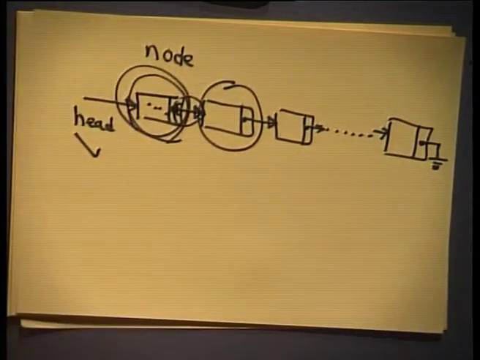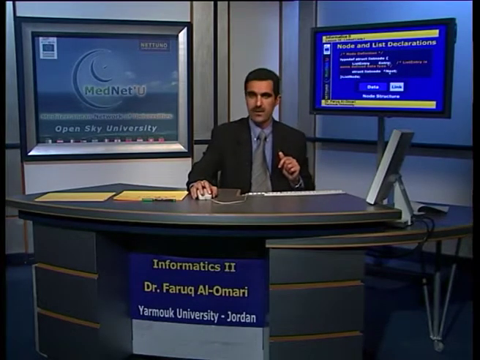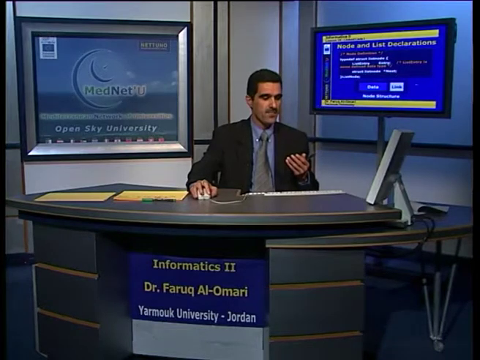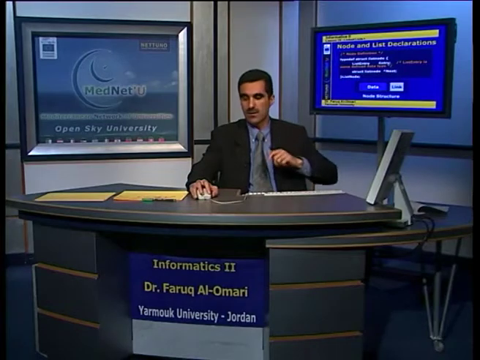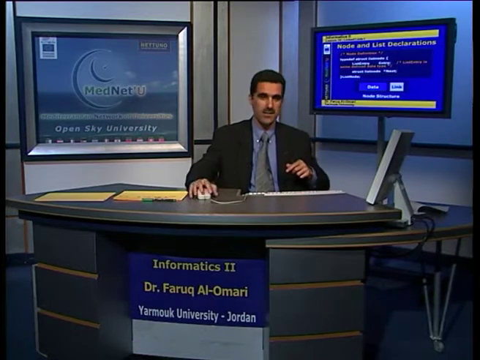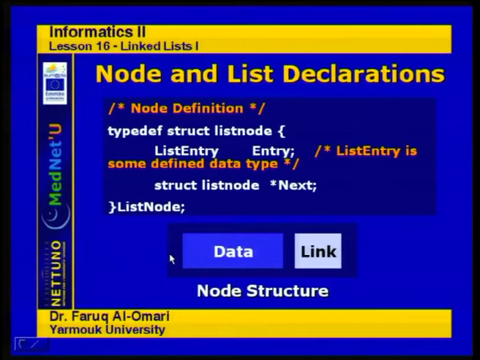That's why we're defining it here as struct list node pointer, calling it next. All right, so that's basically the one node definition: data, that's the entry here, whatever kind of data, and then a link that points to the next node, just in case it's going to be added to the list. And this is, of course, a pointer of the same type as the whole structure list node itself.